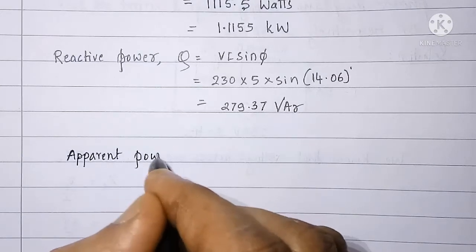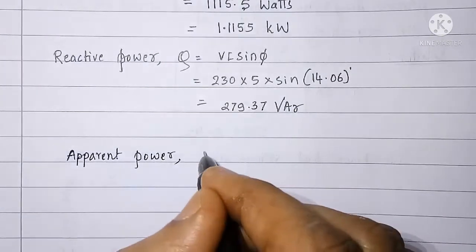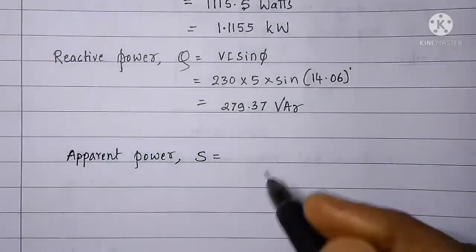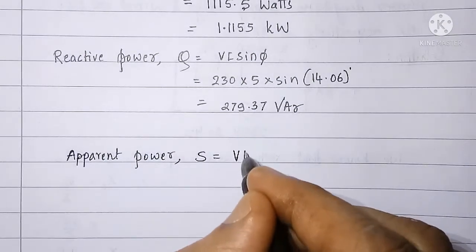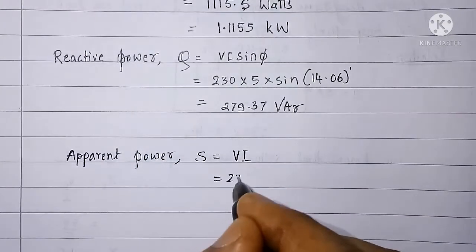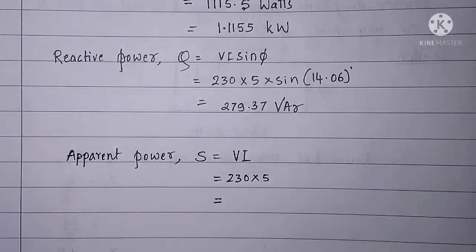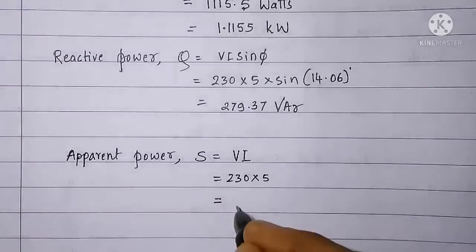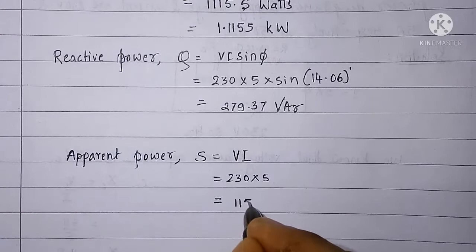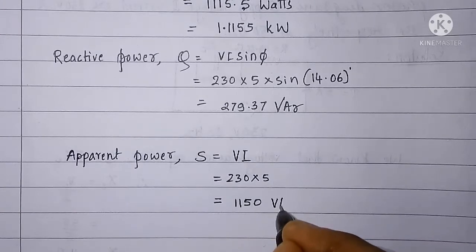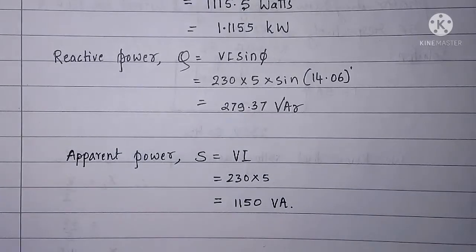Next, apparent power S is equal to V into I, that is 230 into 5. On multiplication, we get 1150 volt ampere.